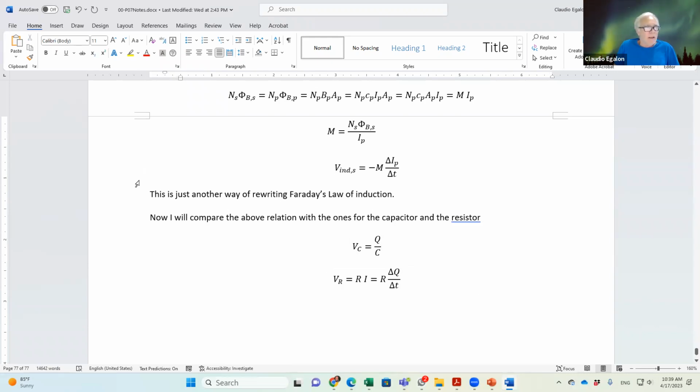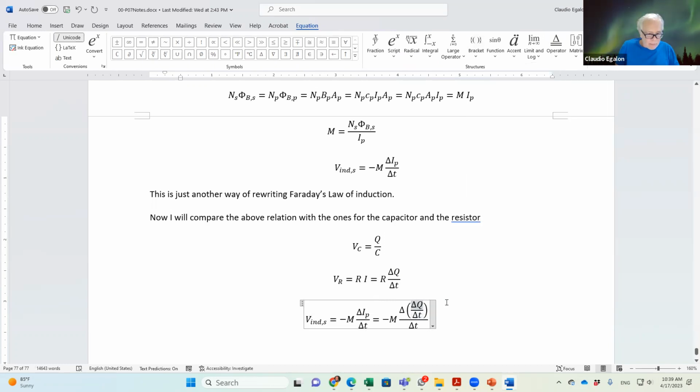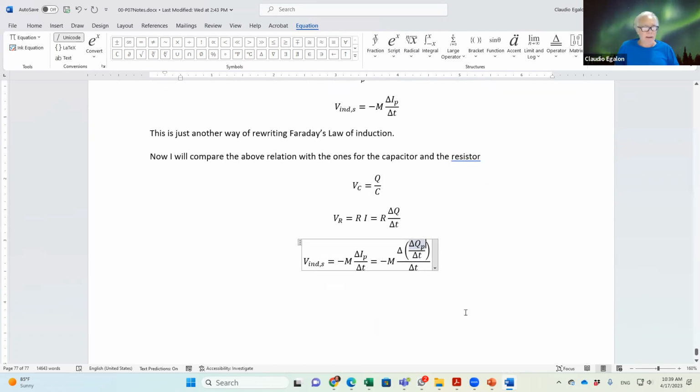And now let's take a look at this relation. It's going to be a constant with a negative sign, and we have delta I_P over delta T, which, by the way, is also delta Q over delta T, right? I'm going to put that between parentheses, and even put a delta Q sub P, of the primary.